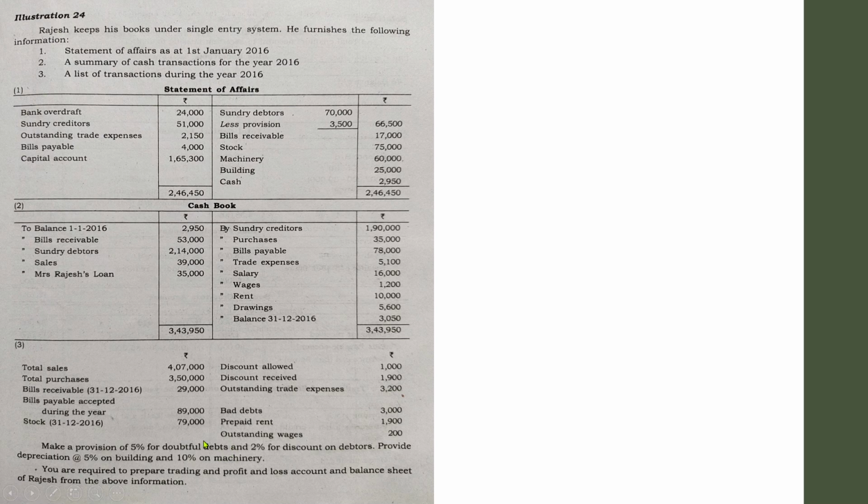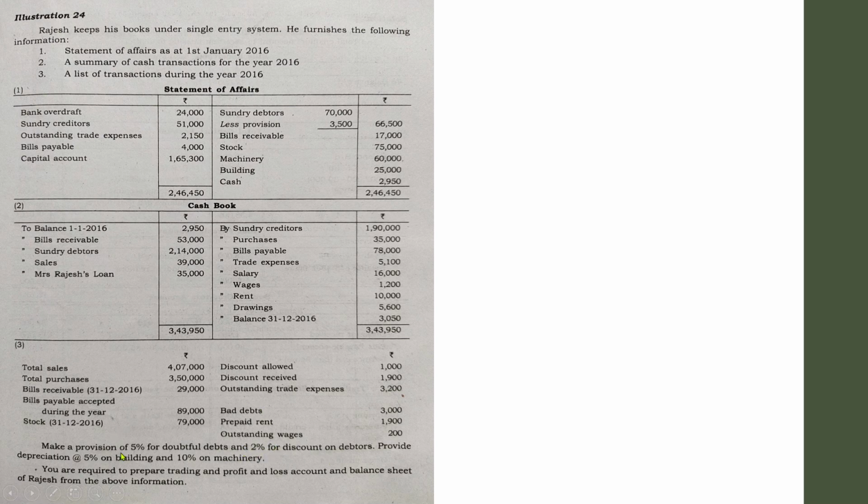If you go through the question, there is no other information regarding bad debts or old provision, so this provision is considered a new provision. You need to find out the 5% of doubtful debts very correctly. Make no mistake, because if you get the amount of doubtful debts correctly, you can get the discount amount correctly also. If you make any mistake in finding out the provision, definitely you will not get the answer for discount on debtors. Your complete answer will be wrong.